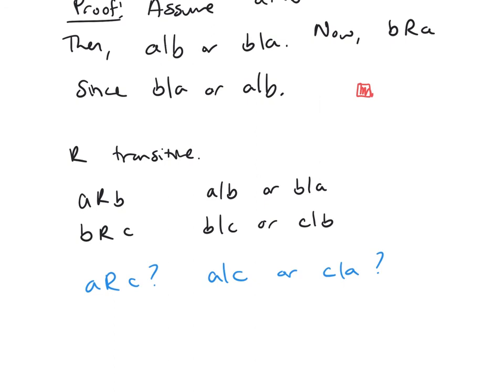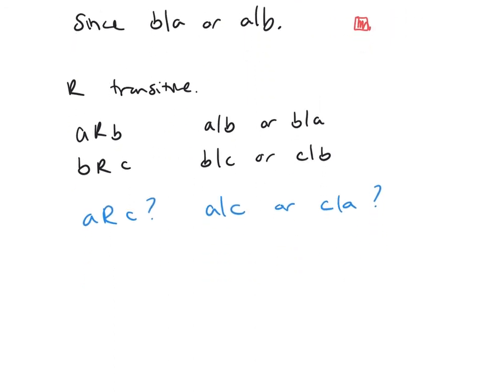If you look at a few examples, you'll see that a does not have to relate to c. So let's say we take a to be 2 and b to be 6. Then 2 relates to 6 since 2 divides 6. Now b is still 6, and I'm going to take c to be 3.